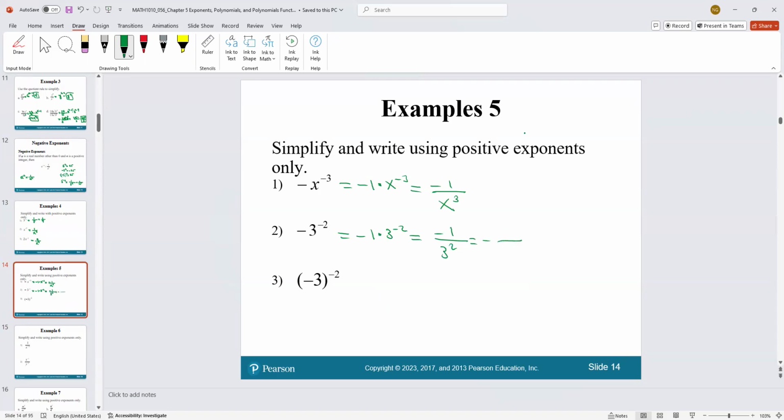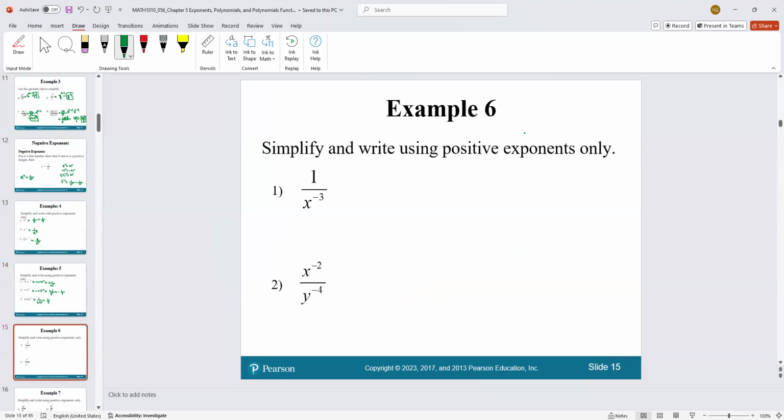That gives you negative 1 over 9. And the last one, you see that negative 3 has parentheses. That means we need to flip it. We're going to have negative 3 power 2, so that would be 1 over 9. You need to notice the difference in the result when the parentheses are included around the negative 3.